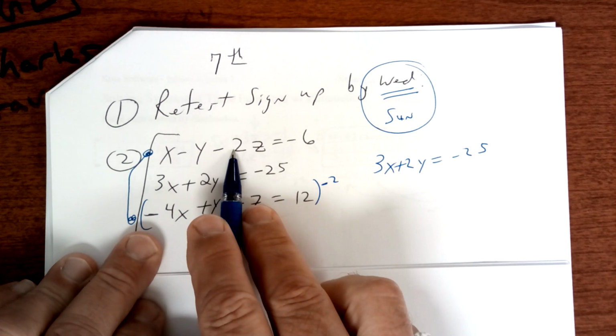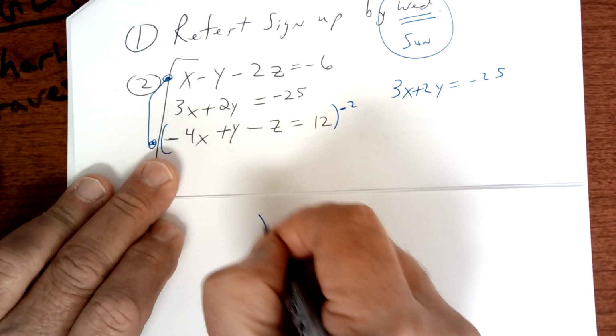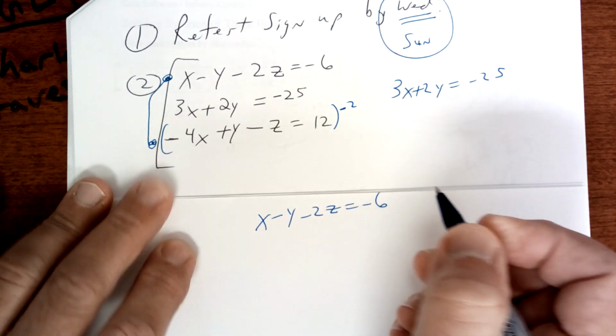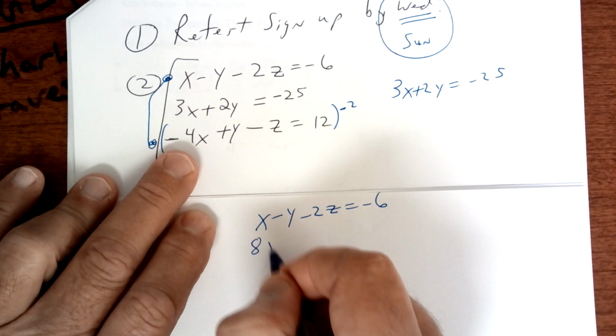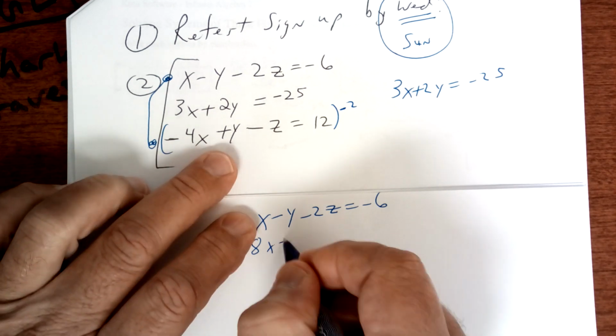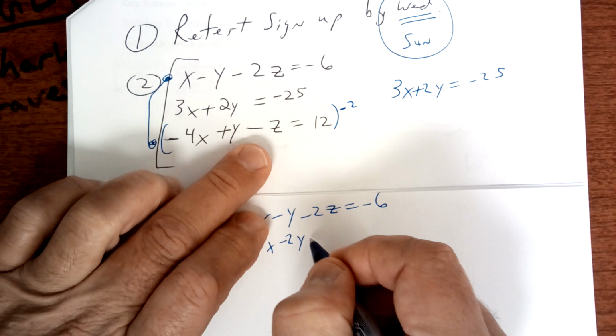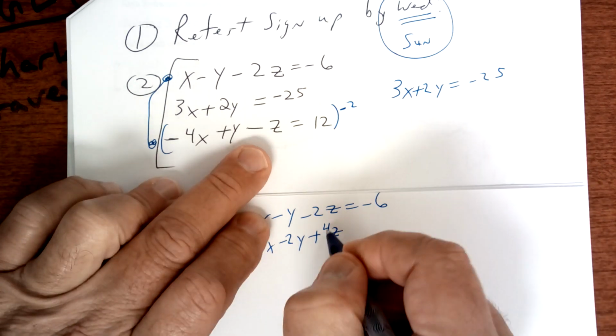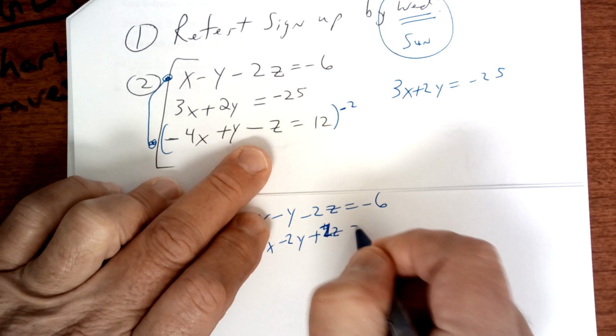The top one stays the same. The bottom one, however, becomes 8x minus 2y plus 2z equals a negative 24.